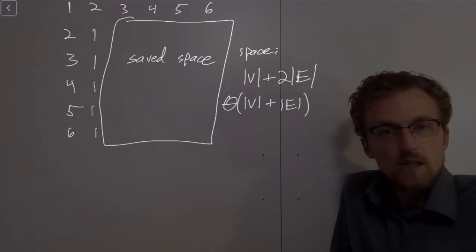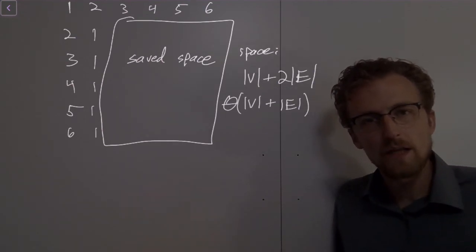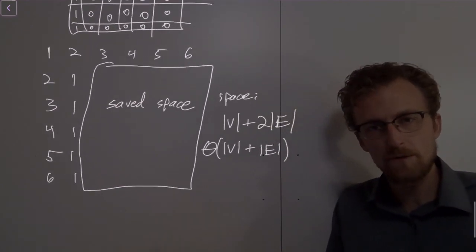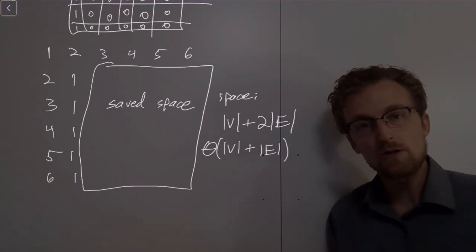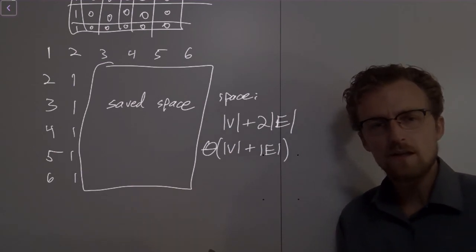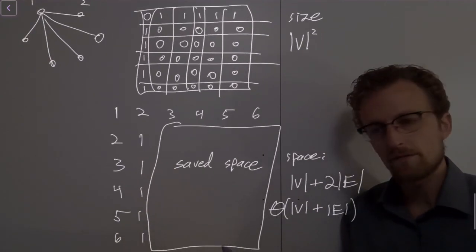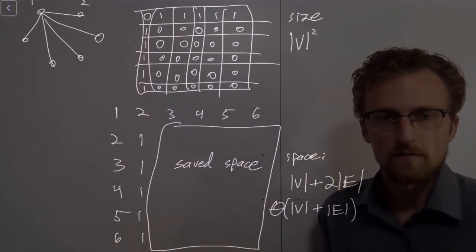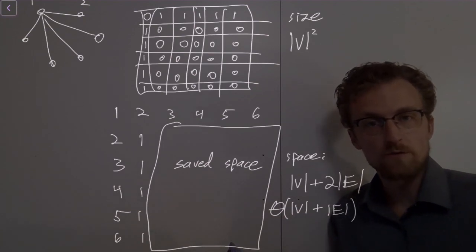So whichever is larger, the vertex set or the edge set, is what drives the space complexity of adjacency list representations. So an adjacency list, for a sparse graph that has very few edges, ends up being a very efficient way of storing the graph. Whereas an adjacency matrix is always v squared no matter what. Even if you have a very sparse graph, you still have to write those zeros in memory somewhere.